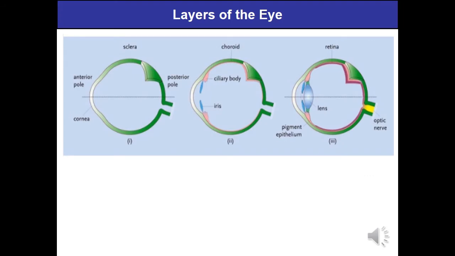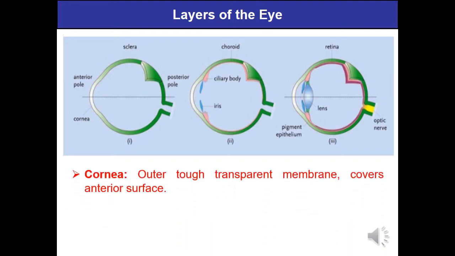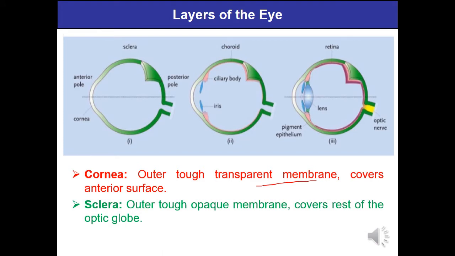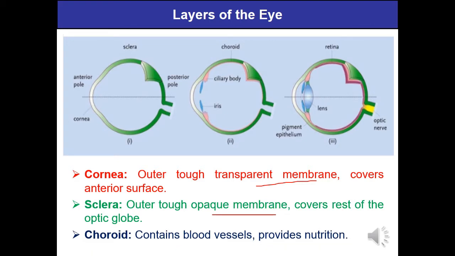What are the layers of the eye? There are 3 layers in the eye. The cornea is the outer tough transparent membrane. Another layer is the sclera, which is again an outer tough but opaque membrane. And the third is the choroid, which contains blood vessels and provides nutrition to the human eye.